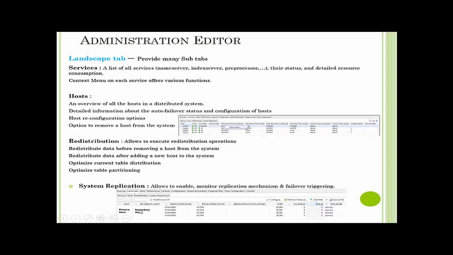That is, we can see which is the primary host, which is the secondary host, what replication modes they are working in, what the replication status is, what ports they are operating in, and what site they are located in. In case any of these hosts goes down, we can do a failover triggering to any other host. So as a whole, this supports the disaster failover mechanism.